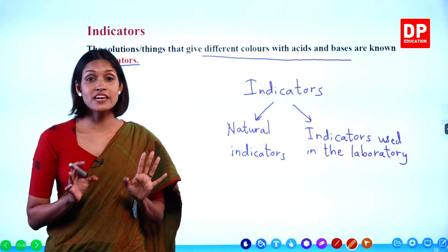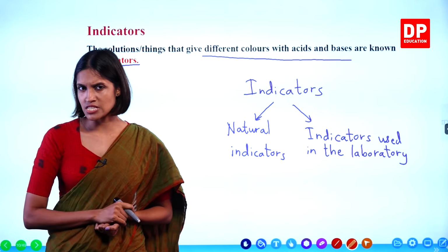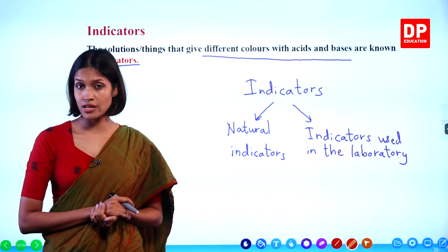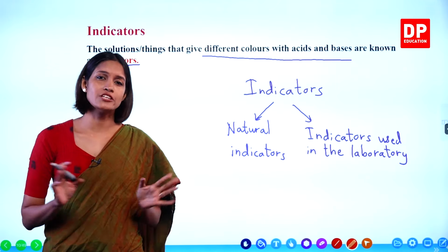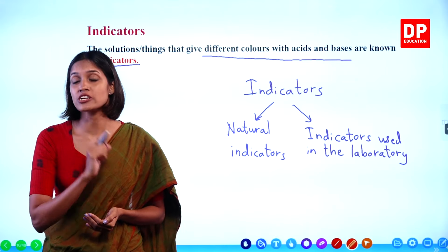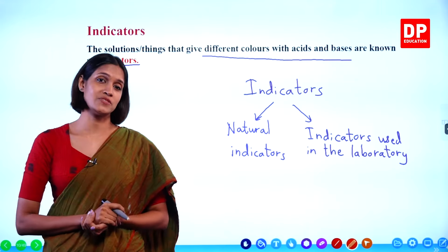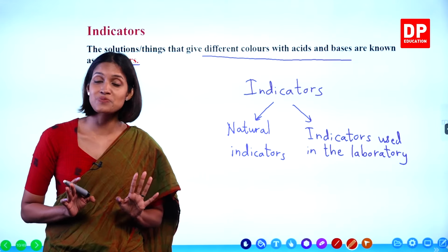With bases, it gave a range of green color. What happened with the neutral substances, our common salt solution and water? Did it change the color? It did not change the color. It means indicators do not change the color along with neutral substances. When we do our other experiments, you will understand this better.